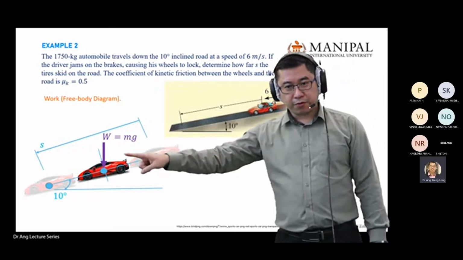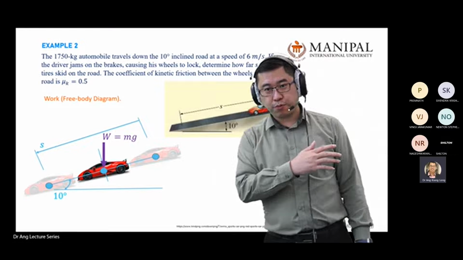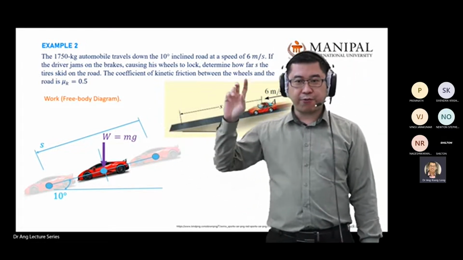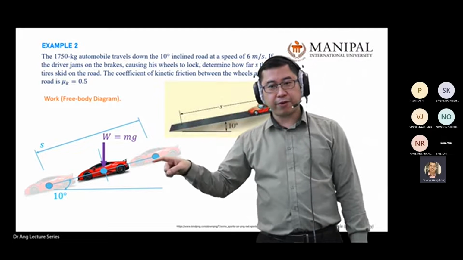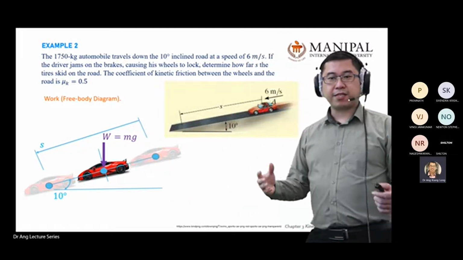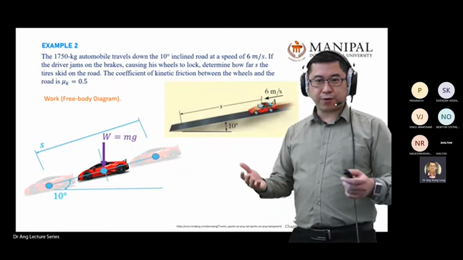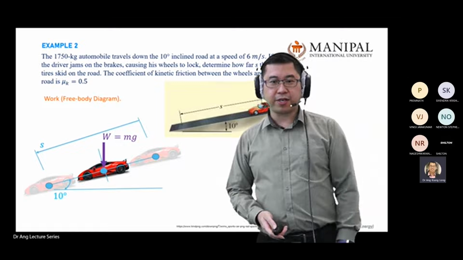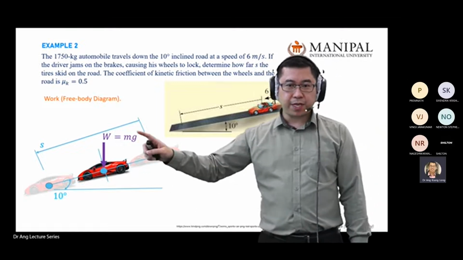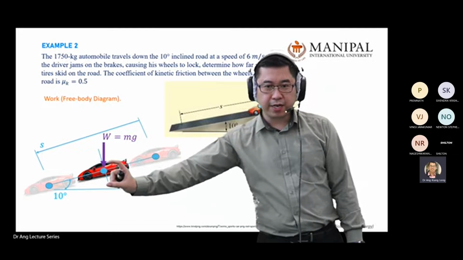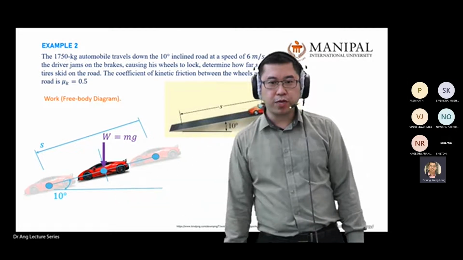As you can observe through my lecture series, when I draw a free body diagram, the first force I put in is always the weight, because that is the easiest force to determine. It always points down toward the earth. So W equals mg pointing down. Of course, I can draw this weight over here, no issue.